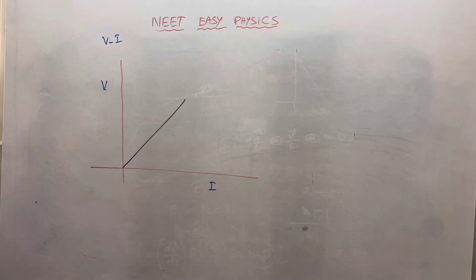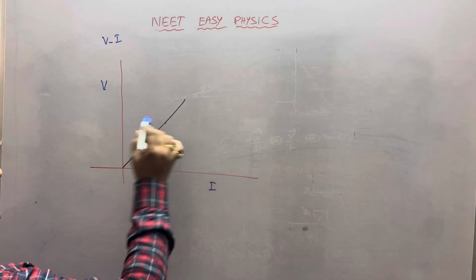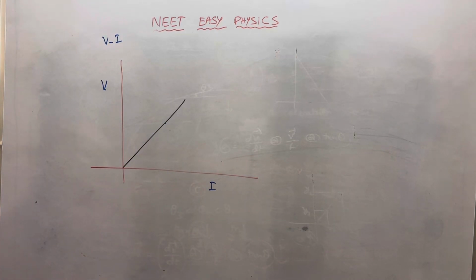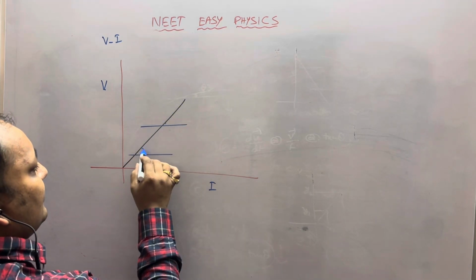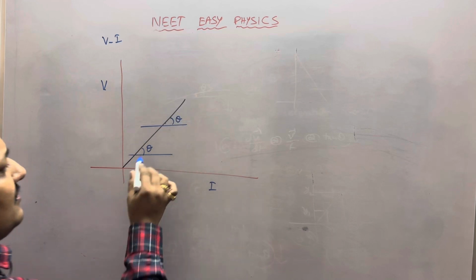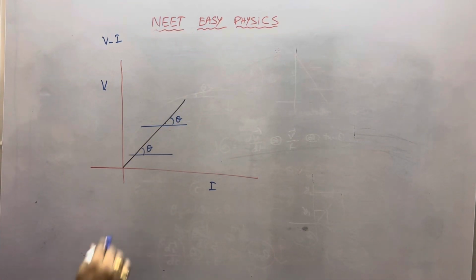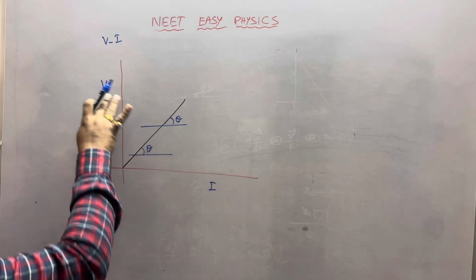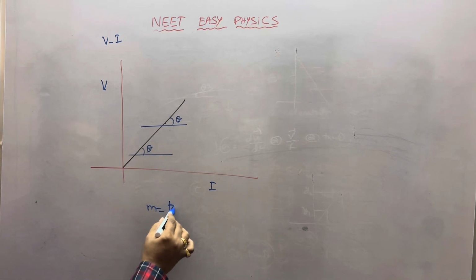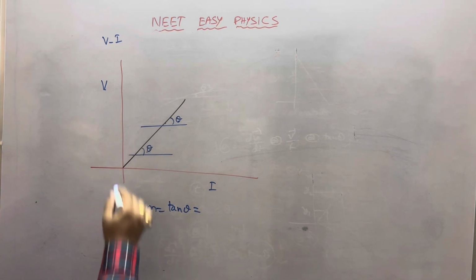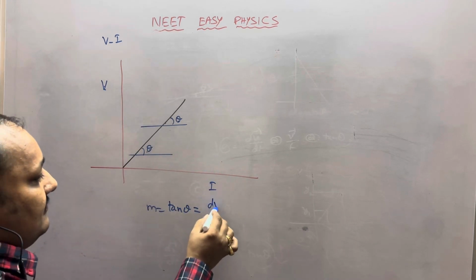Now, is this graph slope constant or not? I told you, you have to cross check by drawing 2 or 3 parallel lines. Obviously we came to know this theta is constant. Whenever theta is constant, slope of that graph is constant. Now what is the slope of the graph? m is equal to tan theta is equal to dv by di.